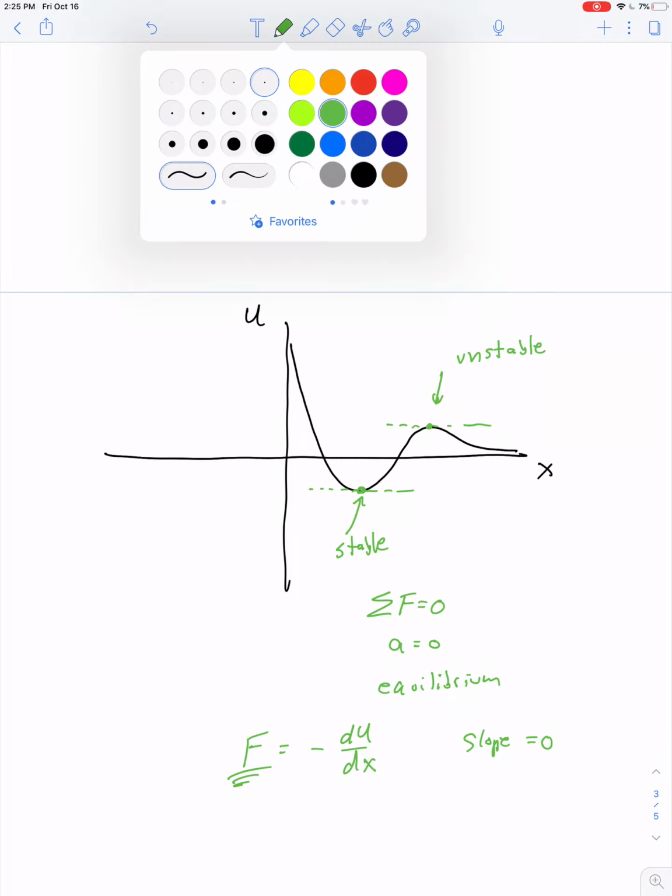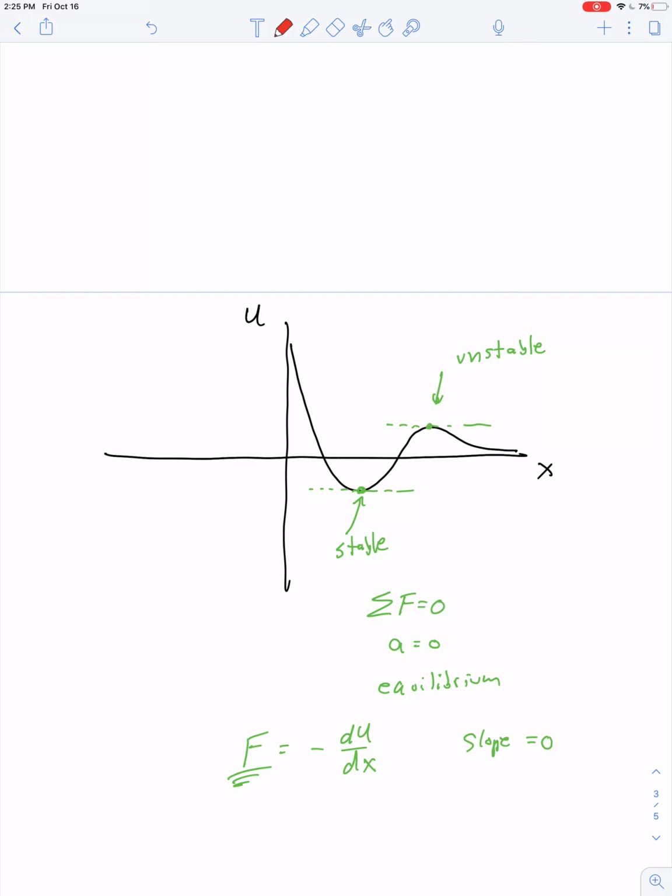Imagine whatever this graph represents. If we were to take the object, and there it is at its position of stable equilibrium, and we displace it a little bit to the right. So think about that. An object that's totally stable, and you nudge it, you give it a little push off to the right. Well, then that puts us at this location. And at that point, the slope of the graph would be positive.